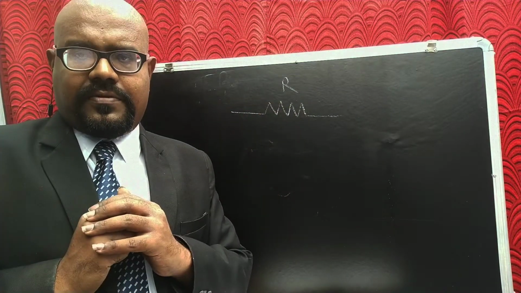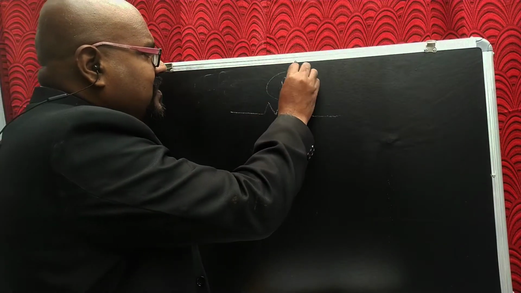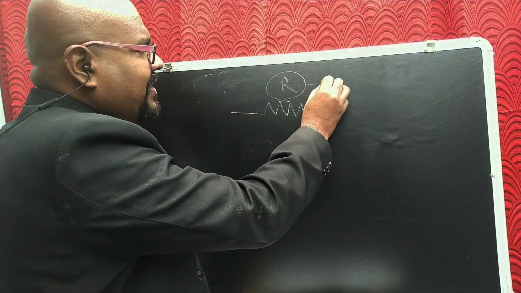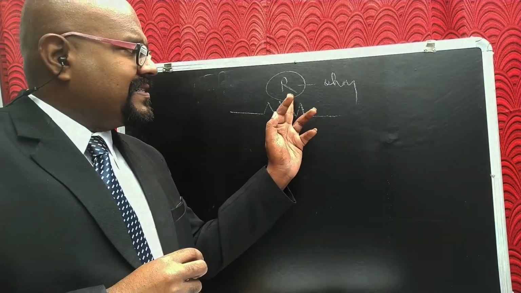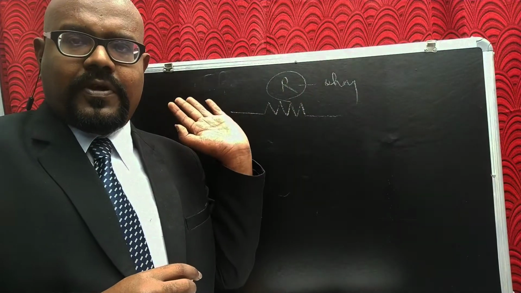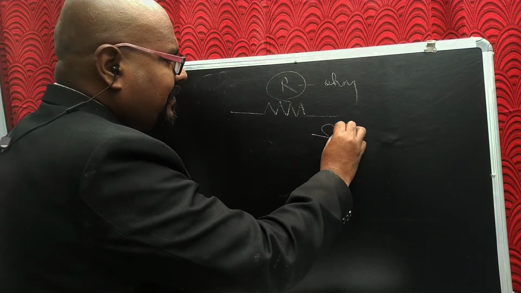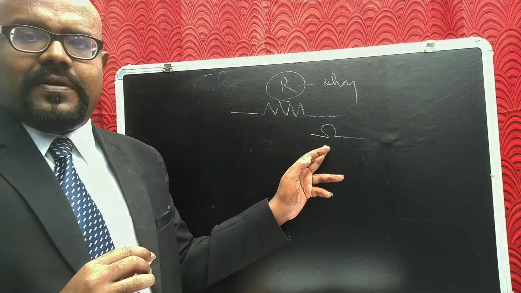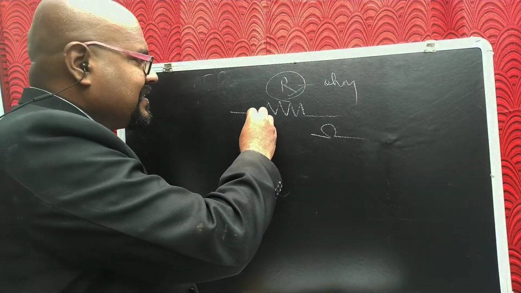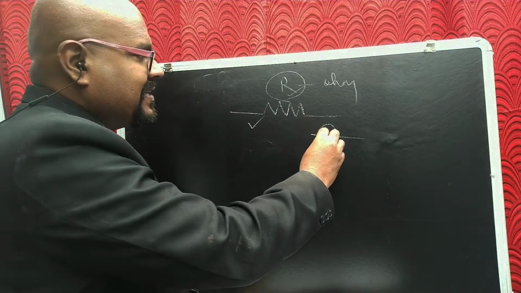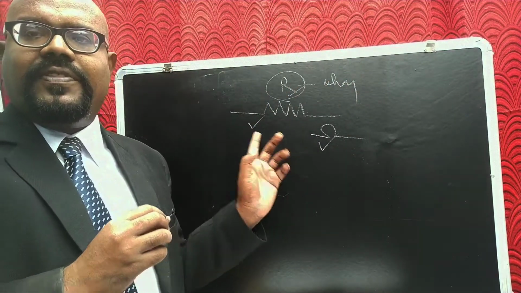So who invented this resistor? It was invented by Mr. Ohm. That is why the resistor unit is Ohm. The Ohm can be represented by this symbol. So this is the alphabetical notation of the resistor, this is the electronic symbol, and this is the Ohm, the unit of the resistor.